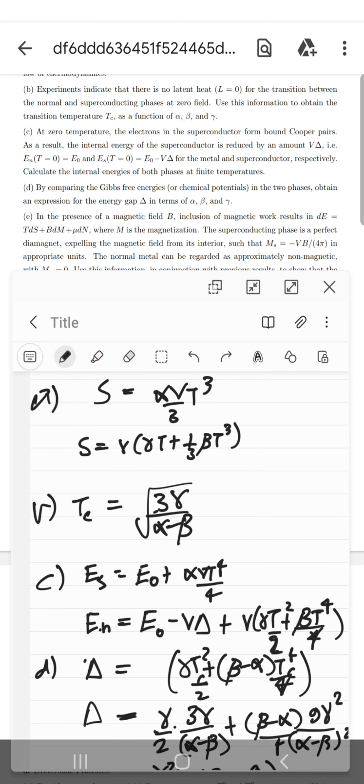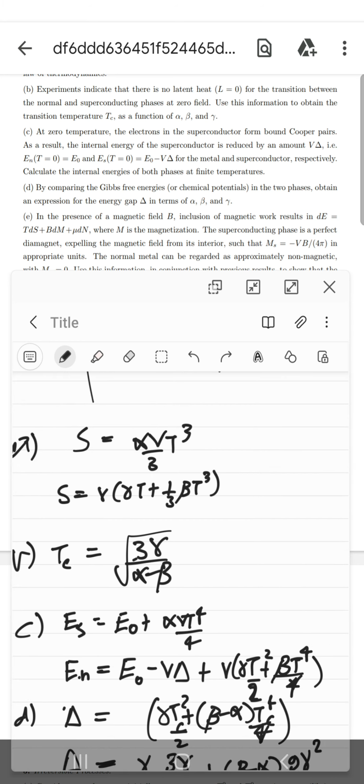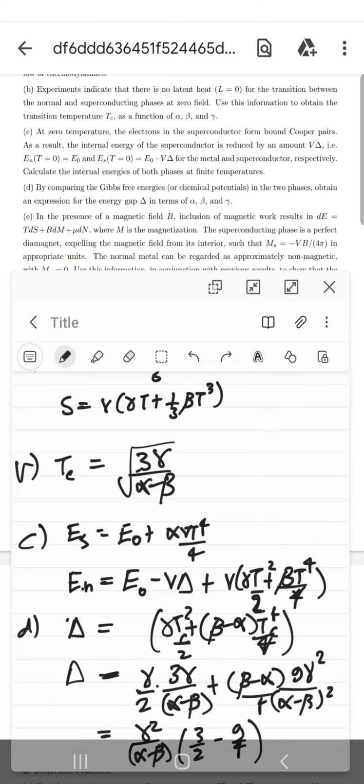Are we sure we got the Tc thing correctly? Square of that, and that's 1/3. It's beta minus alpha. Yeah, that looks about right. What's so problematic? Why am I getting this thing?